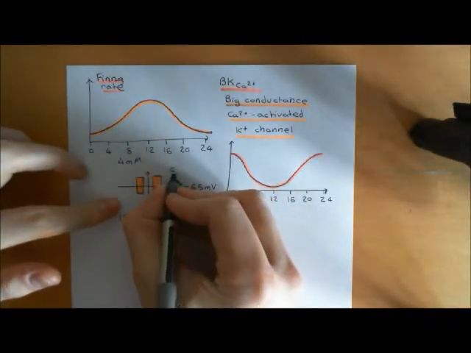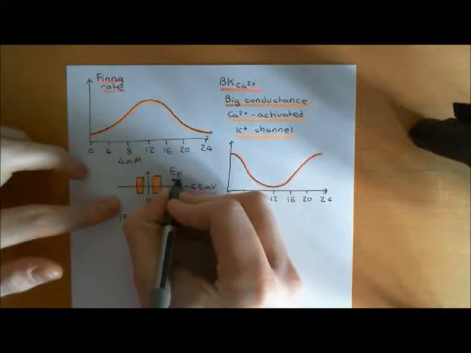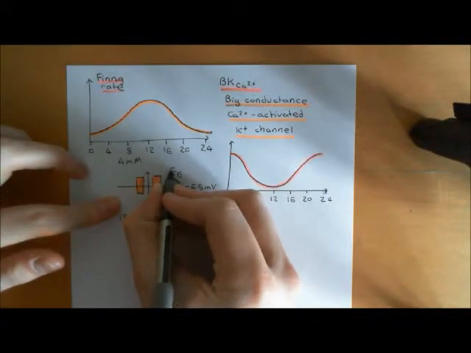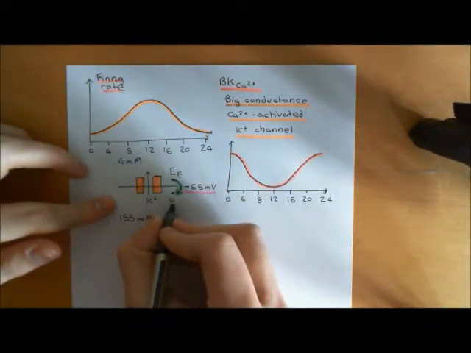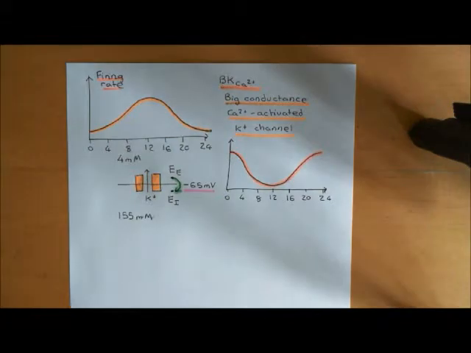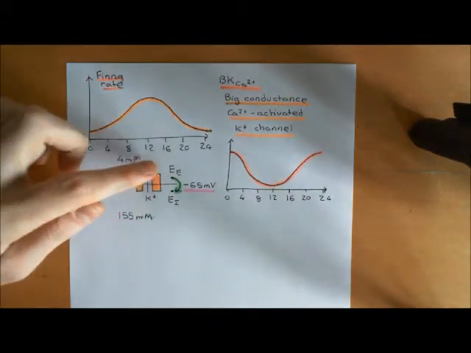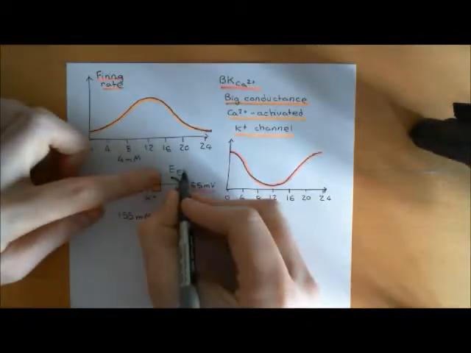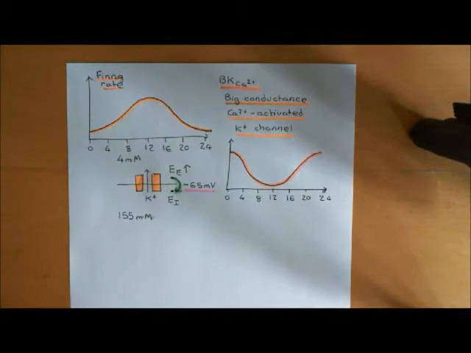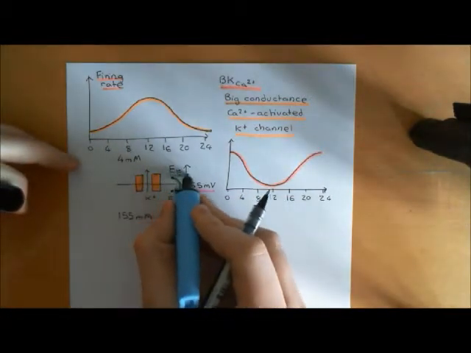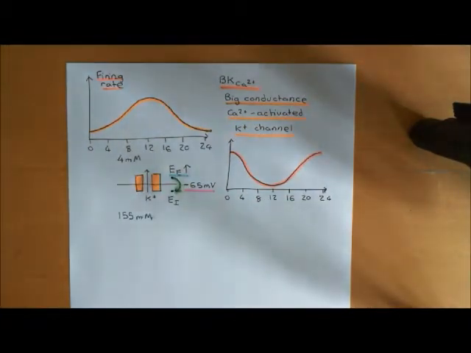If I denote the extracellular electrical potential as capital E for electrical potential, with subscript E for extracellular, and I denote the electrical potential intracellularly as capital E, with subscript I for intracellularly, then when we dump potassium ions into the extracellular compartment, we're going to be raising the electrical potential in the extracellular compartment, because after all, we're dumping positive charge there.